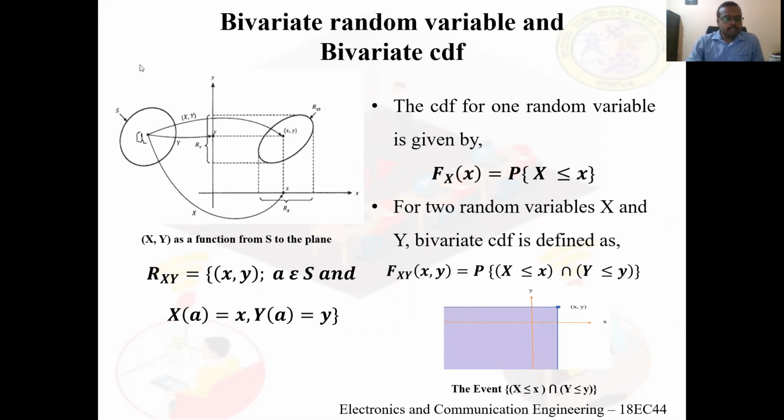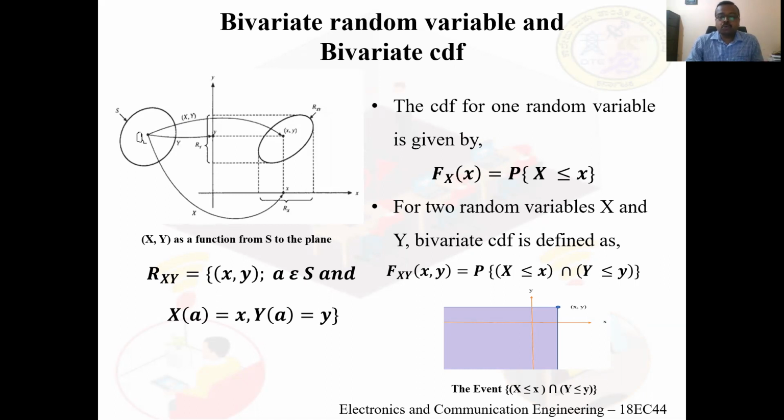Let us consider the sample space S of the random experiment, and let X and Y be random variables. Then this pair of random variables X and Y is called a bivariate random variable or two-dimensional random vector if X and Y associate a real number with every element of the sample space.